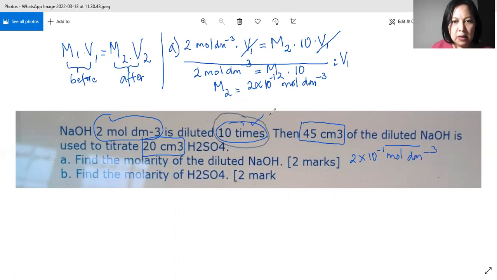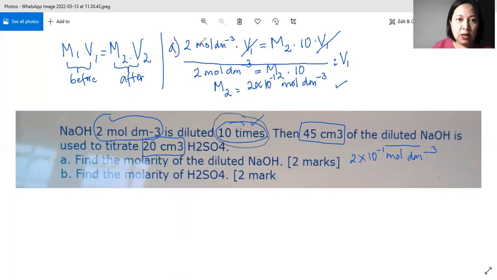Now, the one used in titration is this molarity. When we have to find the molarity of sulfuric acid, we have to first find the mole of the sulfuric acid used in the titration.